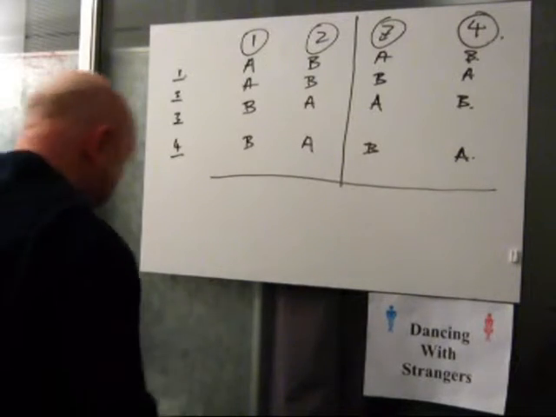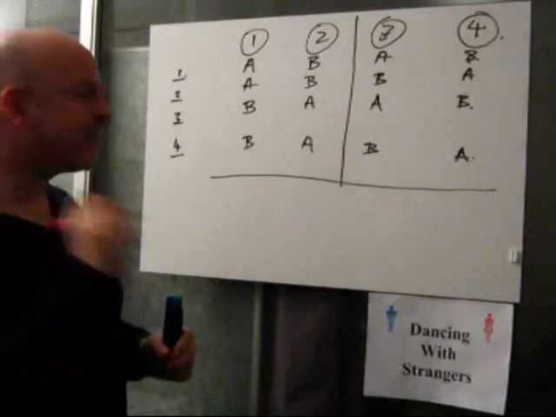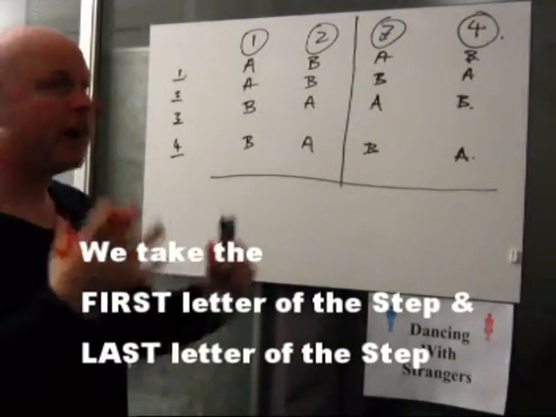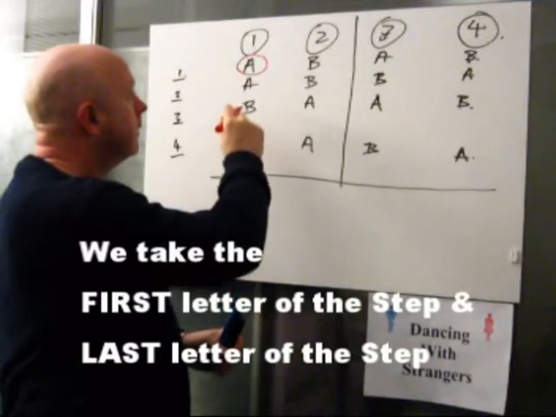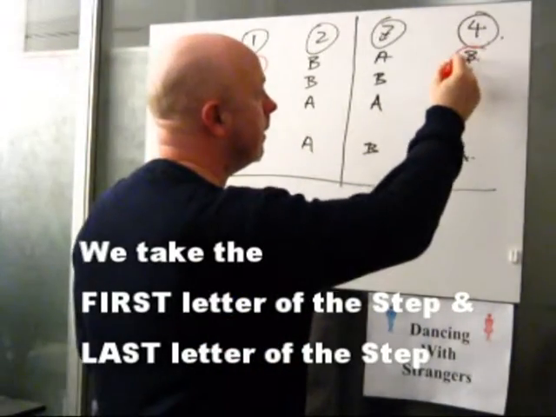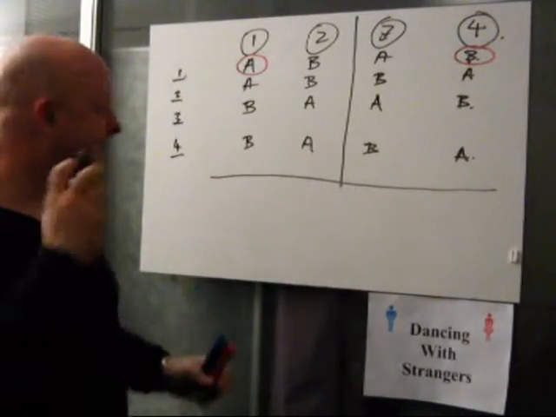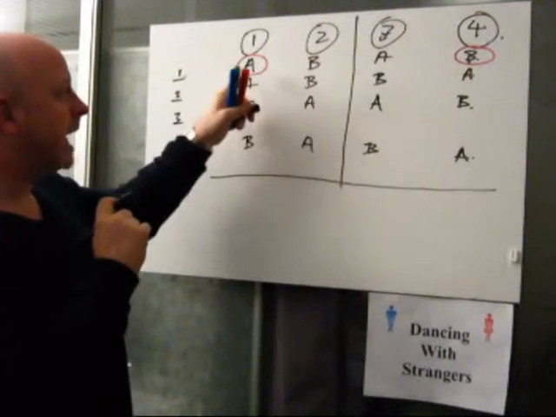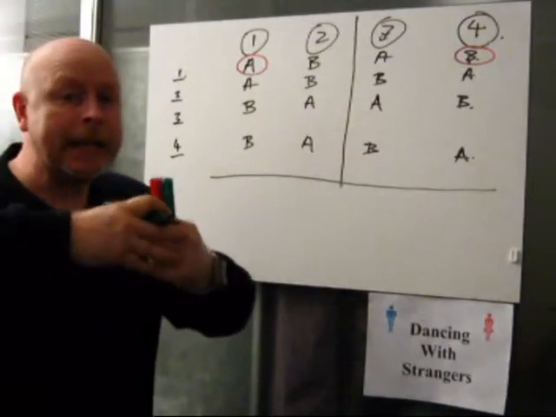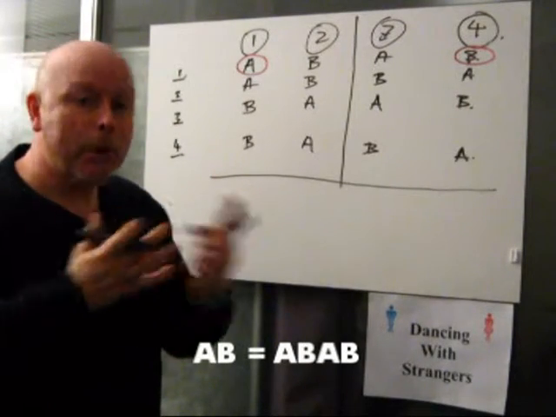What I do is I take the first letter and the last letter of each dance to describe it. In other words, number 1, that's A, B. Since I know that the first letter is A, I know that in each part the other person has to make the other move.